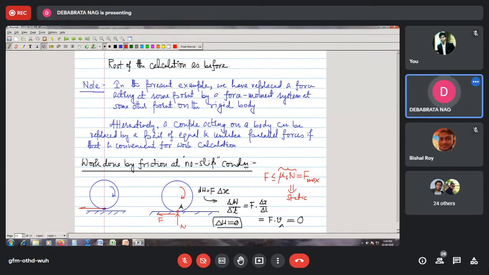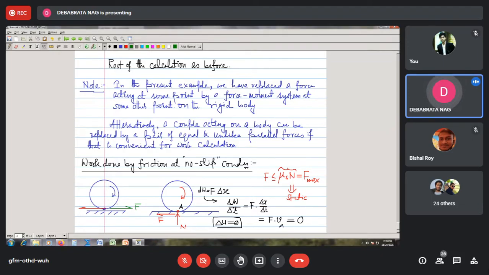It means there is a relative velocity between these two. So there is a force due to friction, and the force due to friction will oppose this relative velocity. So the friction force will be in this direction. So here work done will be there, and not only the work done will be there, the work done will be negative. So it is a dissipative work done.